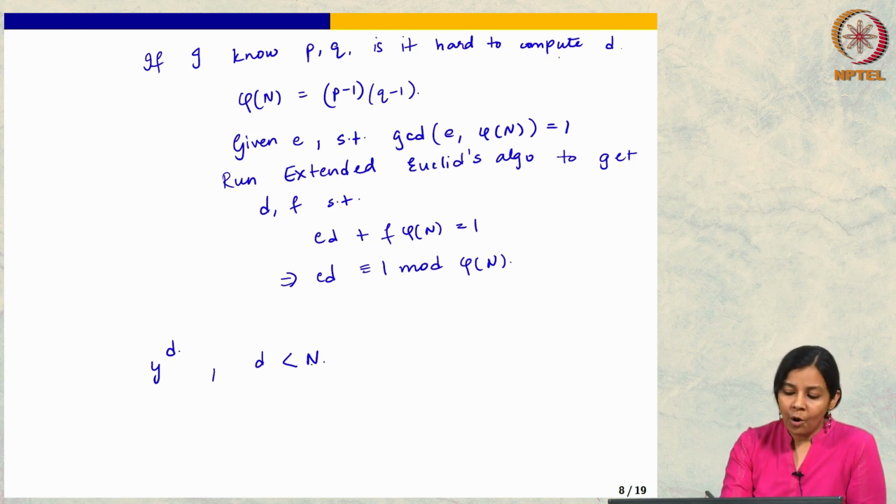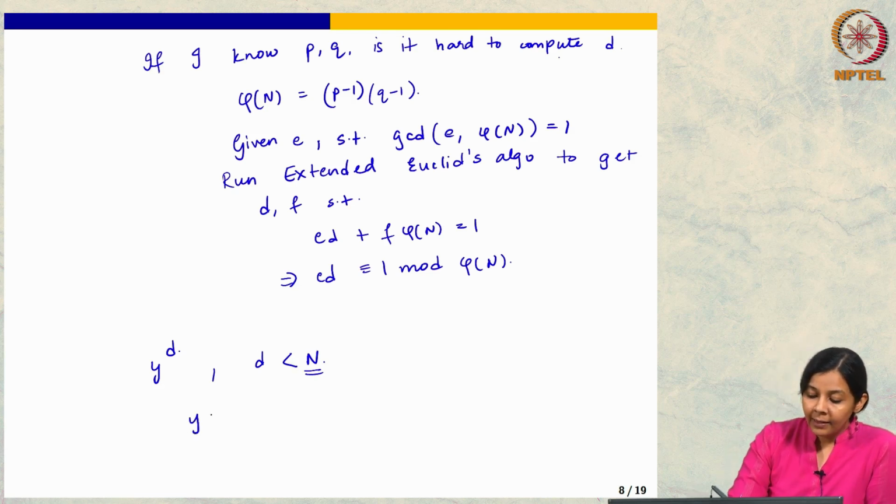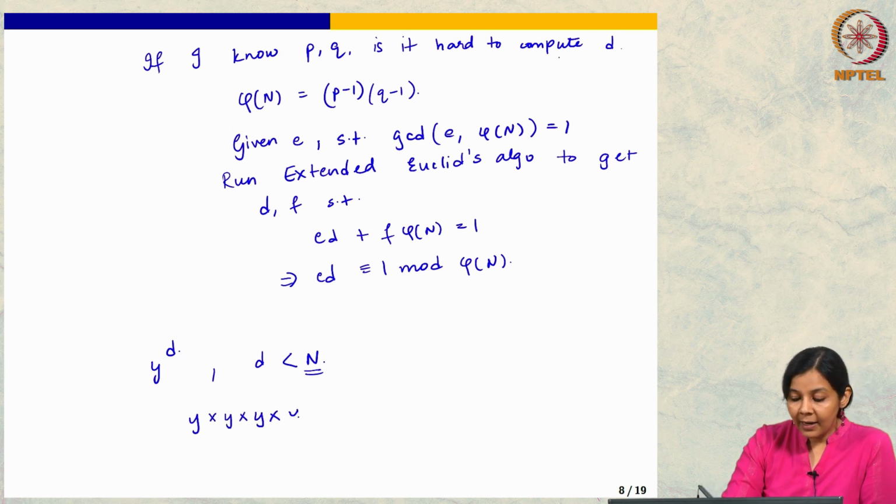Okay, so mod with n, so what? That just means that n is the upper bound. So, let us say even root n, or for simplicity think n. So, how do I trivially compute y to the d? y times y times y times y.